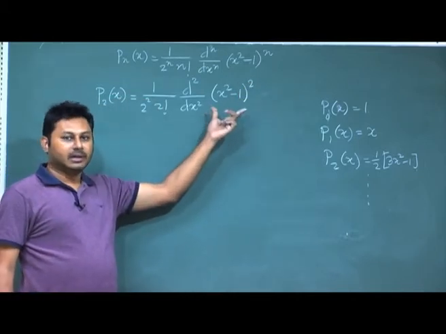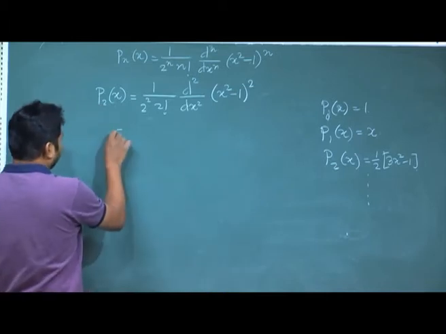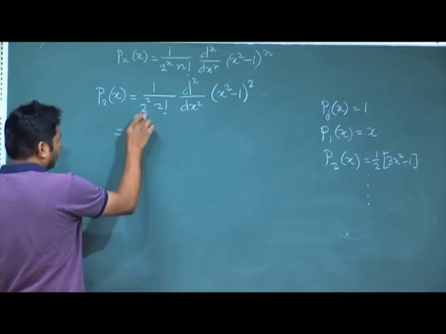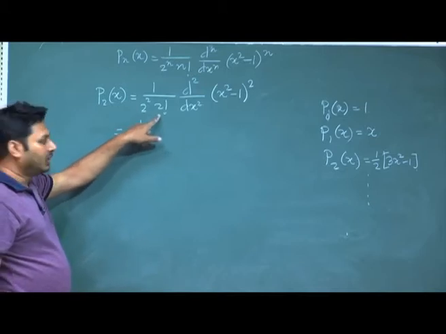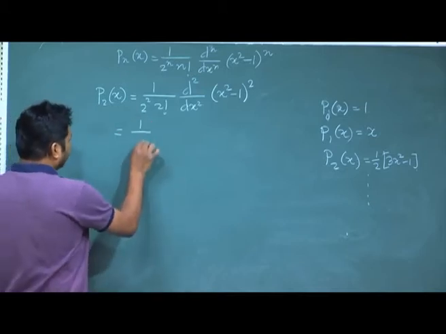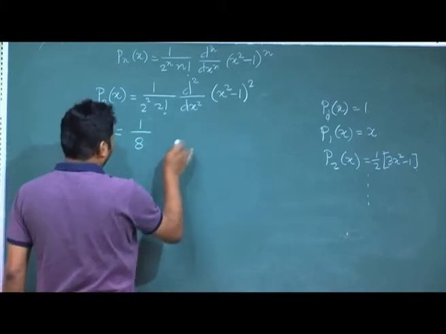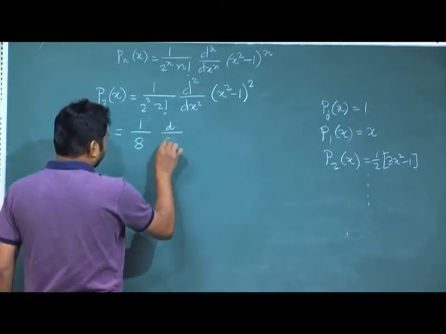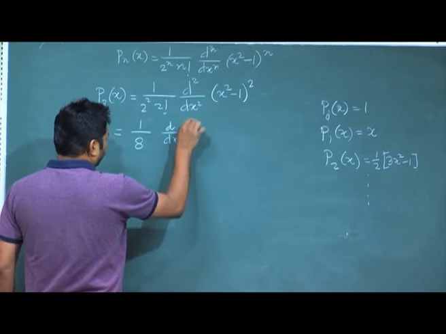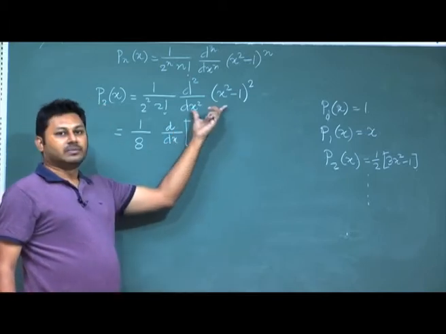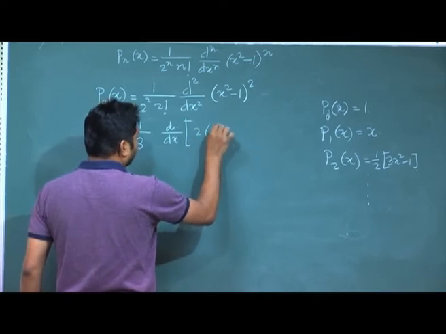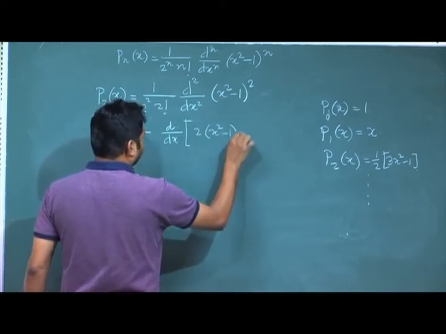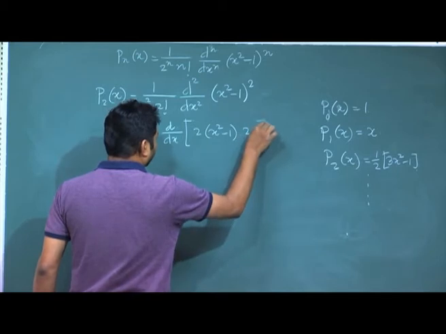In the denominator, 2 to the power 2 is 4, multiplied by 2, so it will be 8. And now the derivative d by dx. When I make the first derivative, I will have a 2 term here, 2 of x square minus 1, and for this x square again a 2x term here.